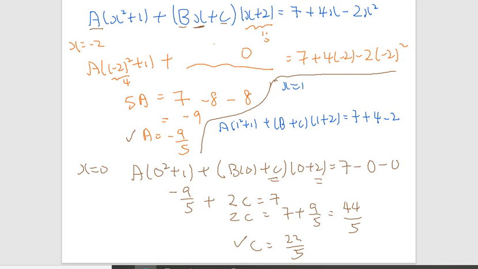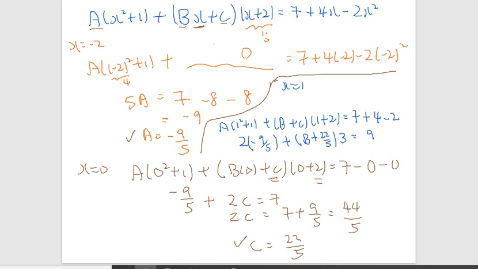So 1 squared plus 1 is 2, so it's 2a. A is minus 9 over 5, plus b, which is what you want to find, plus 22 over 5, and times 3, because 1 plus 2 is 3. 7 plus 4 is 11, minus 2 is 9.